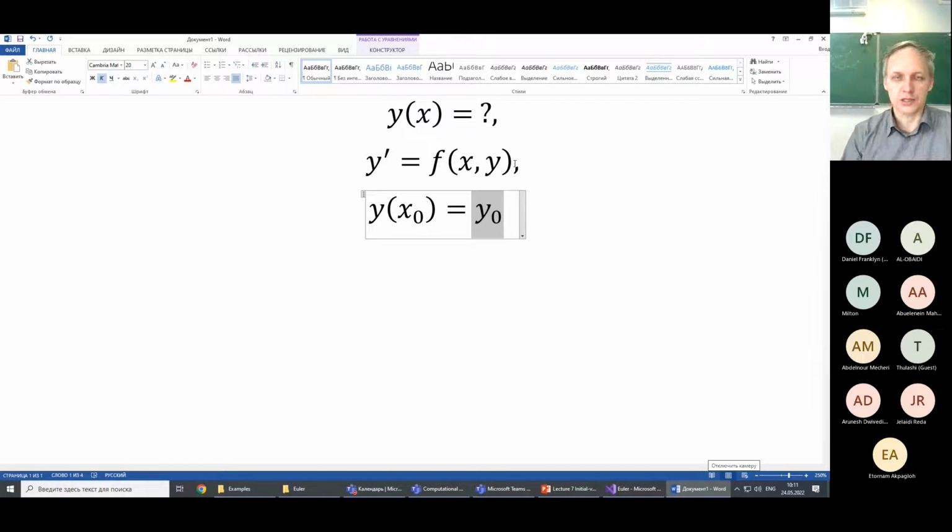And this point, x0, y0, fixes one solution from the general solution.